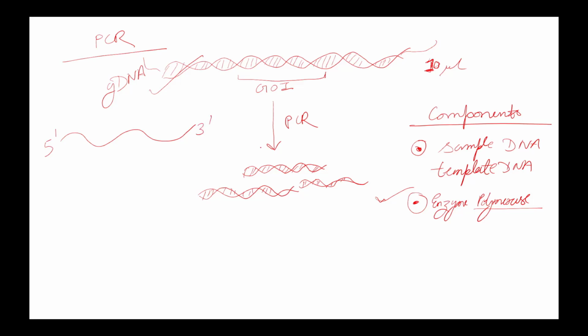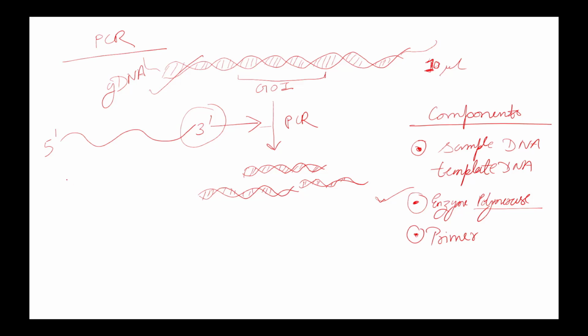And this polymerase enzyme needs a free 3' end so that it can extend the DNA fragment. So to provide this free 3' end, we need a primer. A primer is a short segment of the DNA.